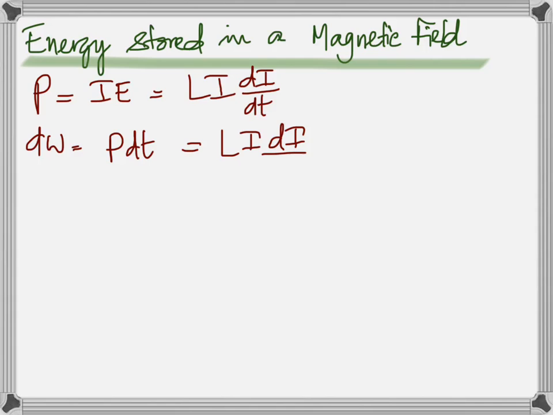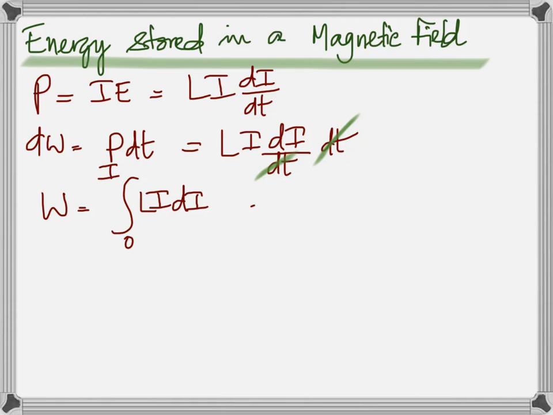Li di by dt times dt cancels out the dt's, and then you integrate between limits 0 to I of Li di. So you're finding the energy by the time the current grows from 0 to I. That's clear, isn't it?